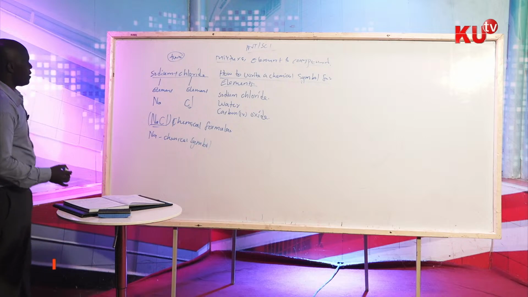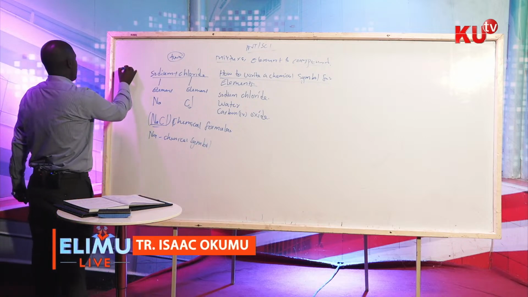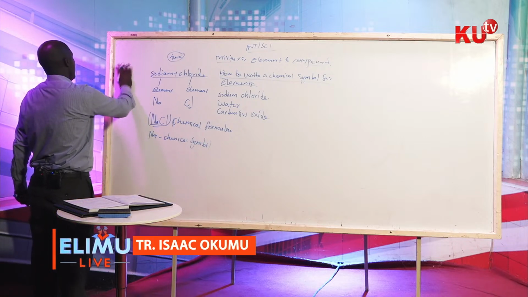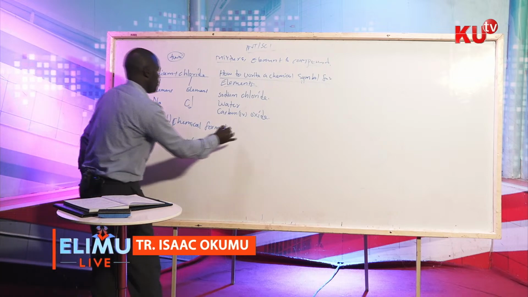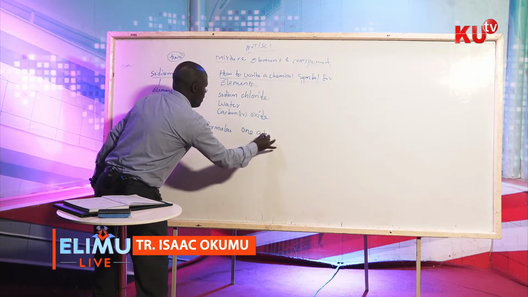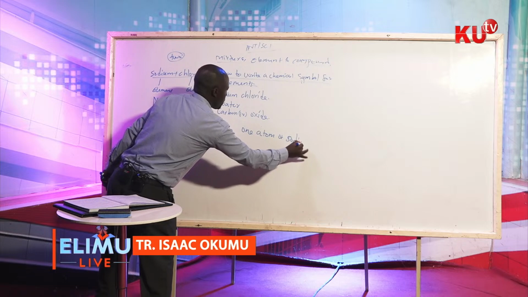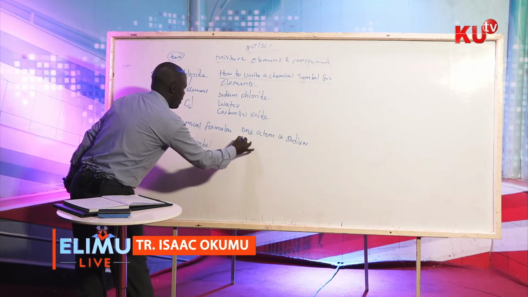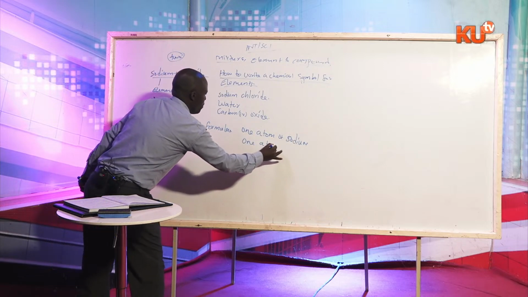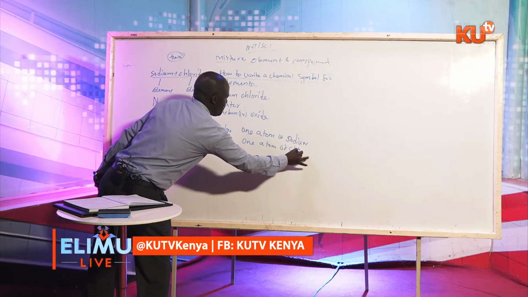When you look at this, you realize there is one atom. When you look at sodium chloride, we realize we have one atom of sodium. Then we also have one atom of chlorine.